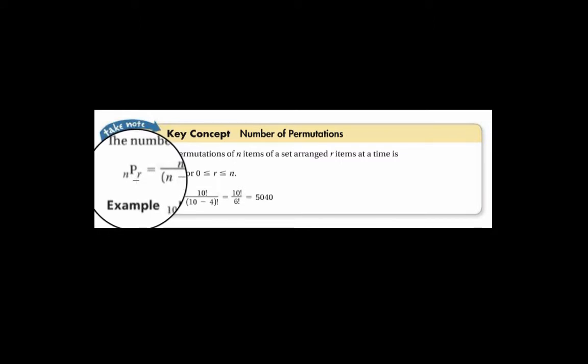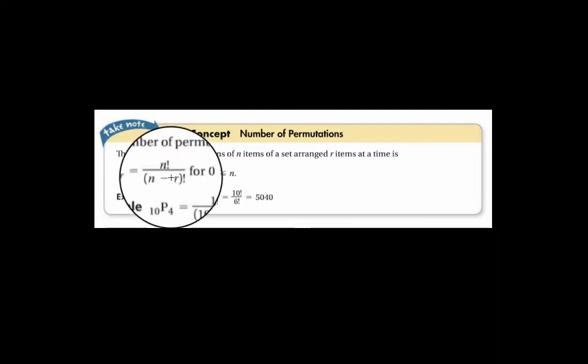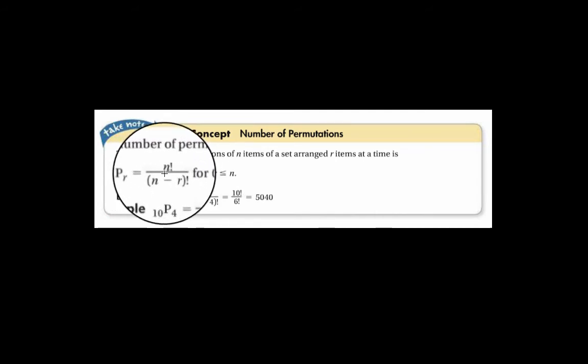They almost look like exponents, but they're down at the bottom right and bottom left of this capital P, not upper right, where an exponent would typically be. So these are called subscripts. Exponents are called superscripts. So here we have nPr. This means we have n items, and we're going to choose r of them to arrange. And this is how we calculate this. So this is our formula for permutation.